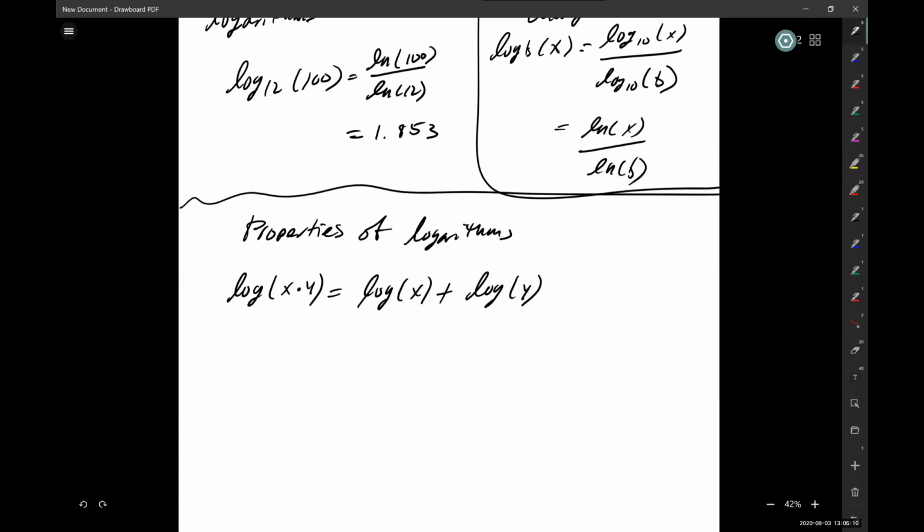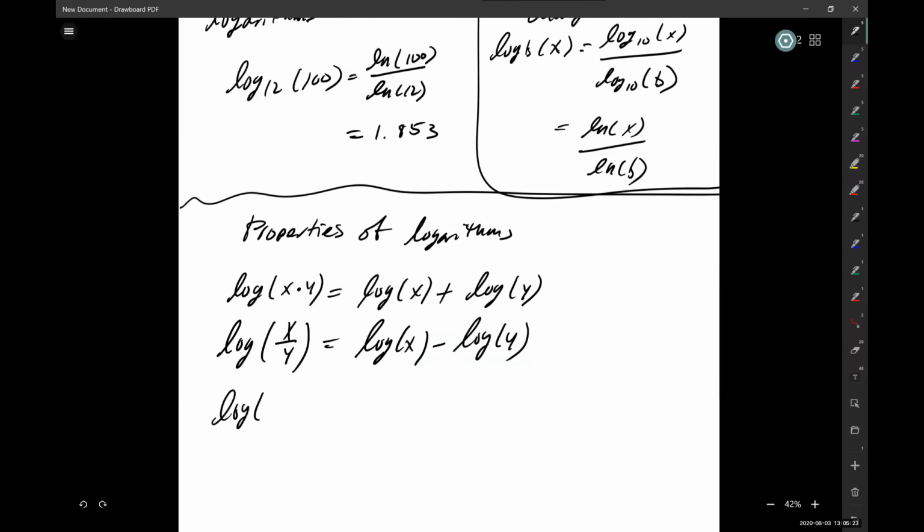If we have division inside of a log, we can break that down in terms of subtraction. And if we have an exponent inside of a log, as the one we used earlier, you can pull that power out front to make it a constant multiple.